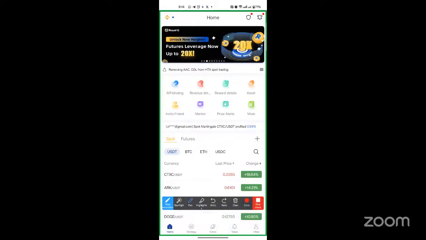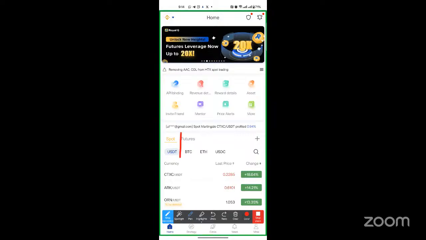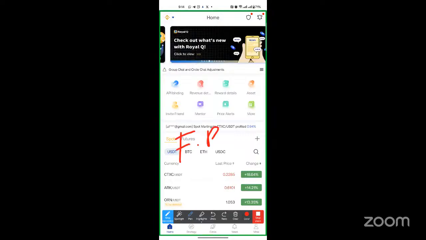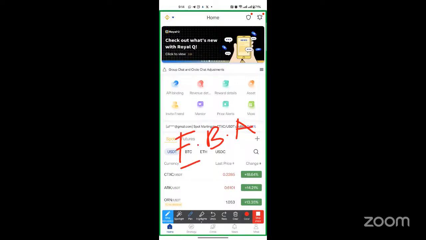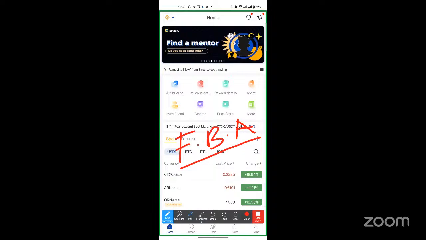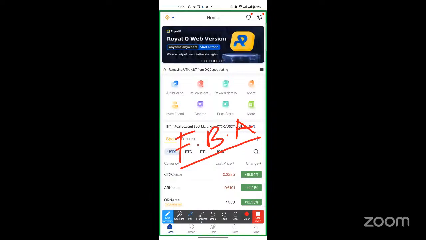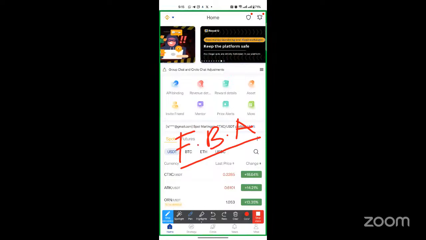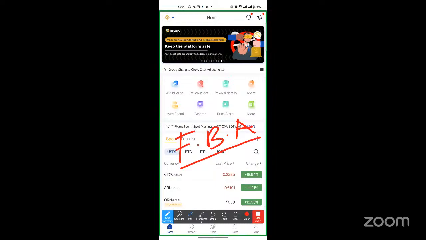Now, it is important to know what FBA is. FBA means first buying amount. The success of your trade will always depend on what time you have entered the coin. How fast you move out of the coin and how much profit you make from it will always depend at what price you entered.